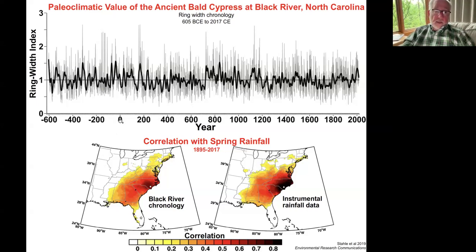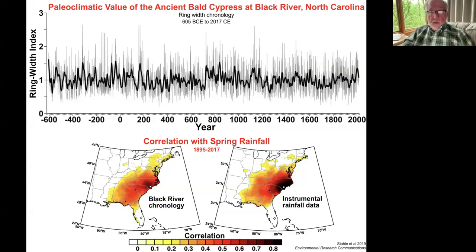So here's the year 0. We're out here in 2025, and this is negative 600 before the Common Era, right? And so, wow, this is ring width index. So this was a period of very poor growth and a period of very abundant growth.